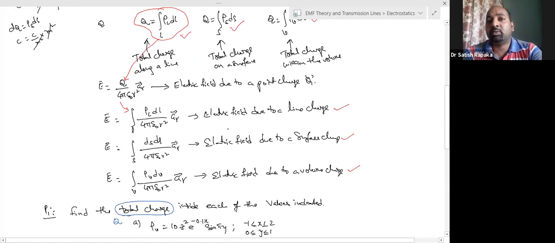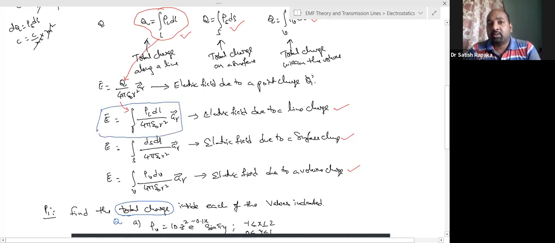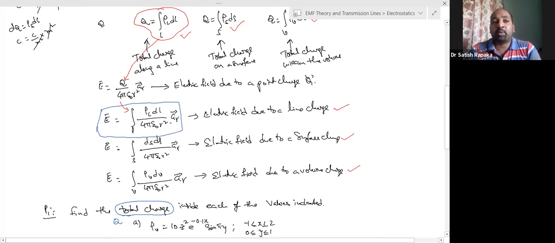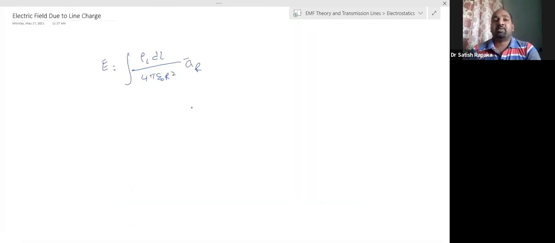That is the electric field due to line charge.